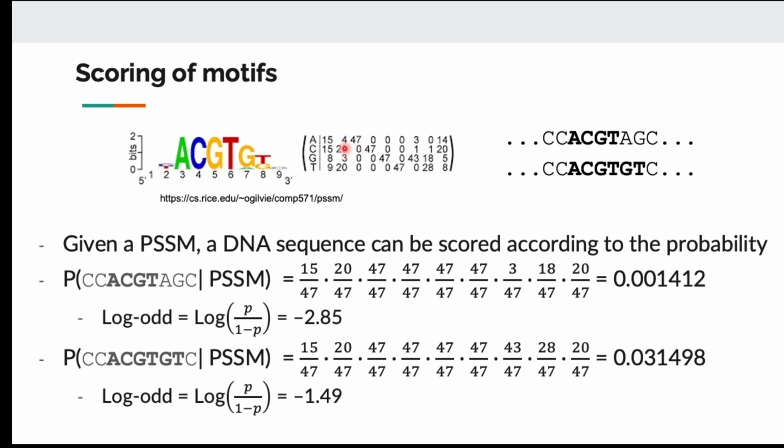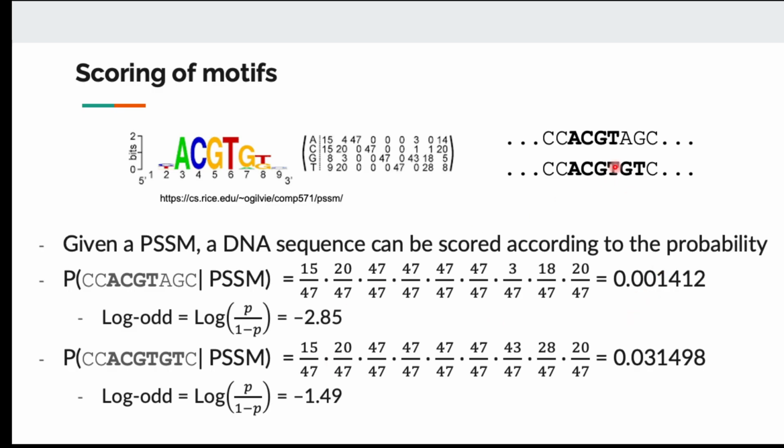It will be 20 divided by 47. What's the chance of seeing A, C, G, T? It is 1, because it's all A, all C, all G, all T. What's the chance of seeing A here? Oh, it's very rare. It's only 3 out of 47. So you can score your sequence, your motif in your data, against this position-specific frequency, and you get this probability.